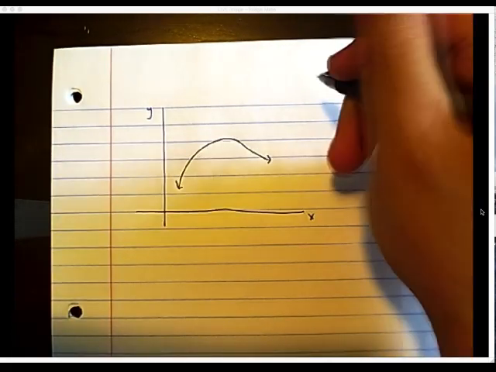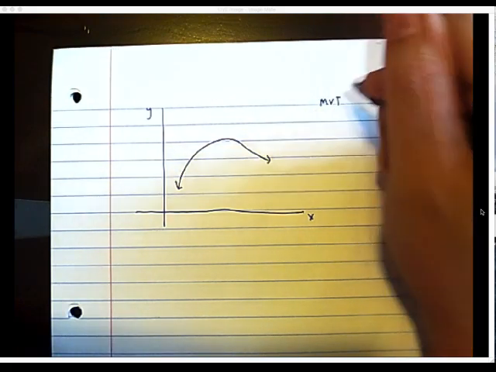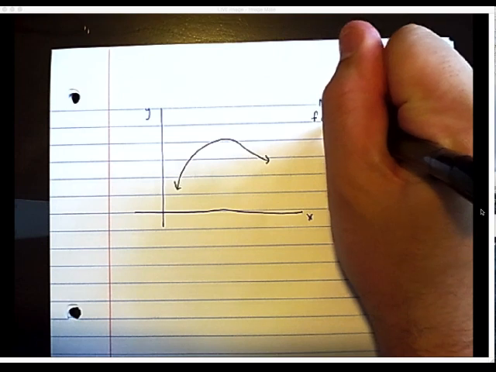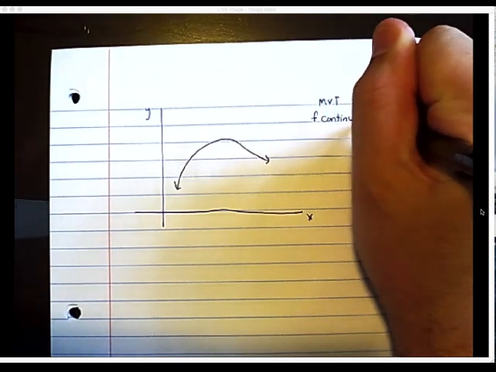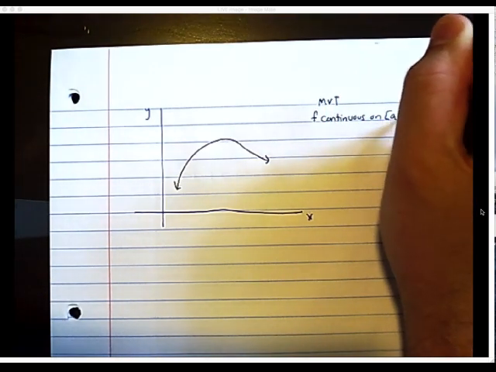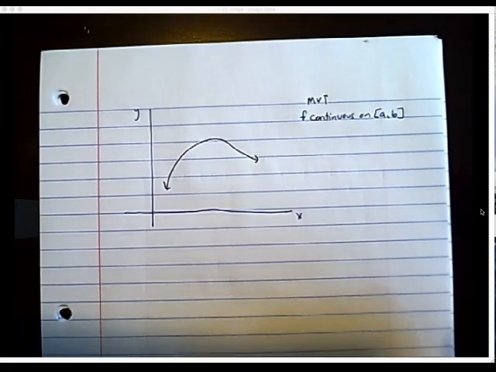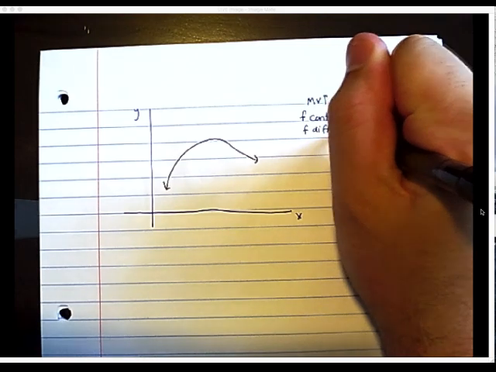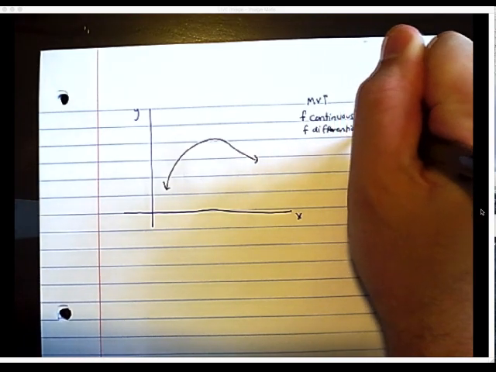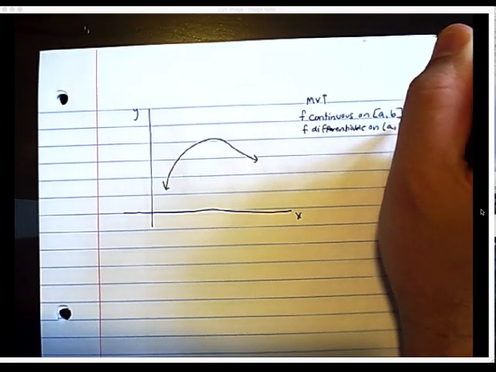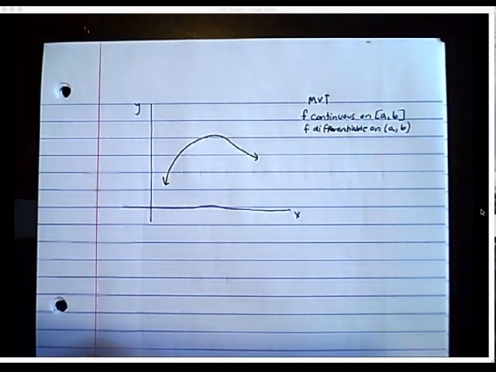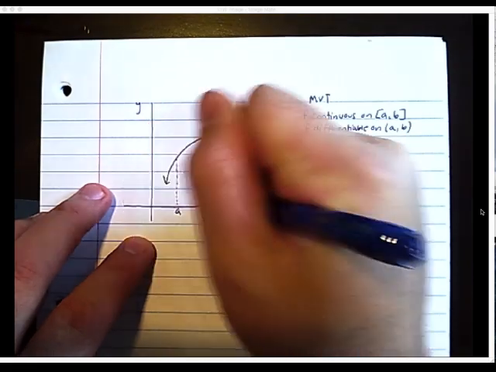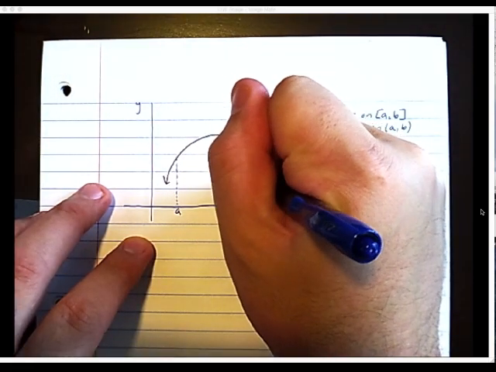So the two conditions for the MVT is that f needs to be continuous on the closed interval a to b, and it has to be differentiable on the open interval a to b. Okay, so I drew a graph right here. Let's say that this point down here is A and this point down here is B.